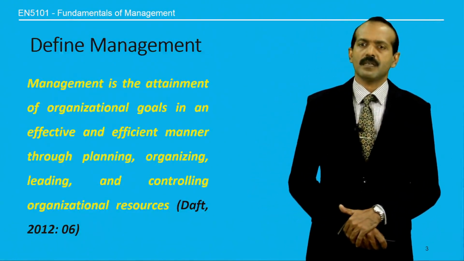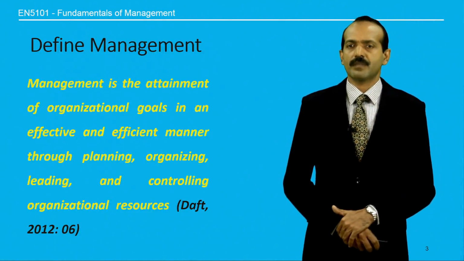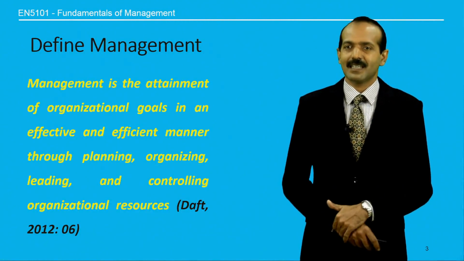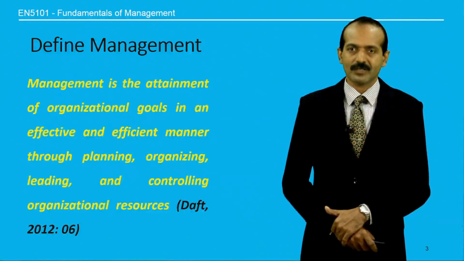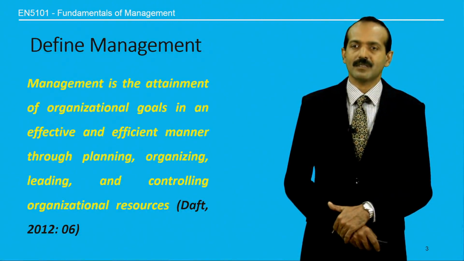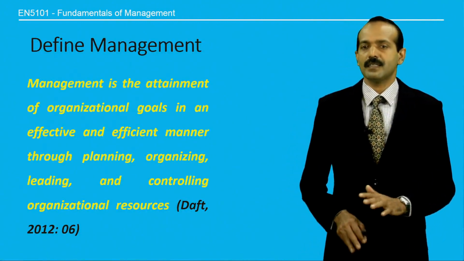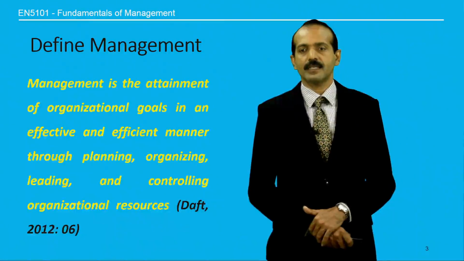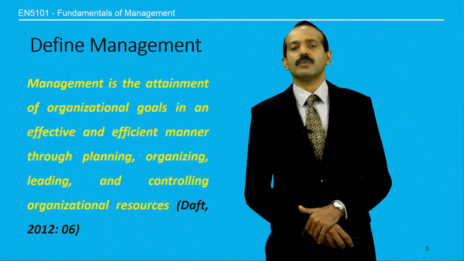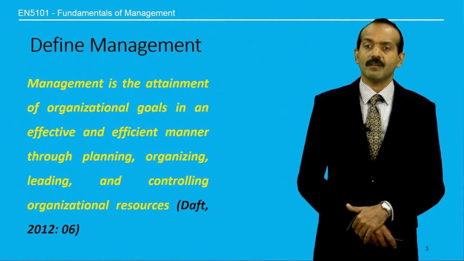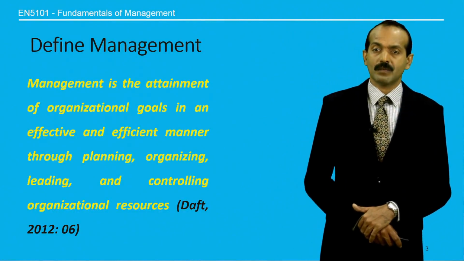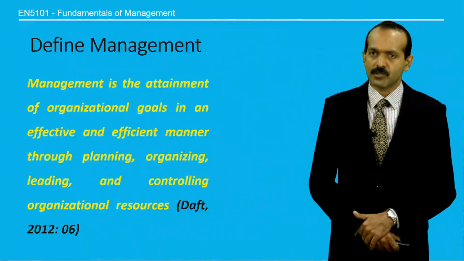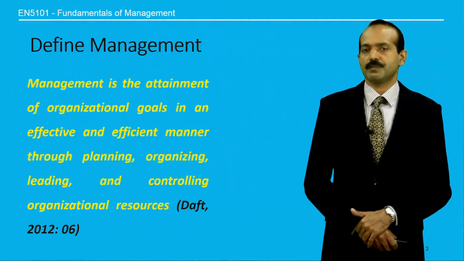Some of the keywords are: management, achieving organizational goals, effectiveness, efficiency, the four functions of the management process: planning, organizing, leading and controlling. Last, we can't forget about organizational resources. All these keywords should come in defining management, right?